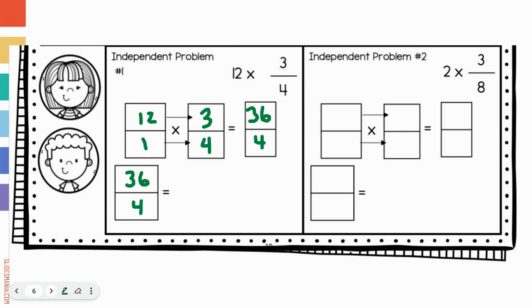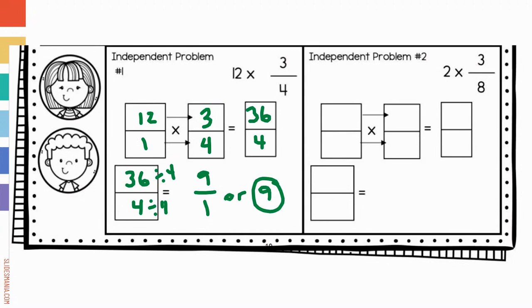And we can actually divide both by 4. 36 divided by 4 is 9. 4 divided by 4 is 1. 9 over 1 is just 9. I will not give it to you wrong if you put 9 over 1, but really, simplest form would be 9.